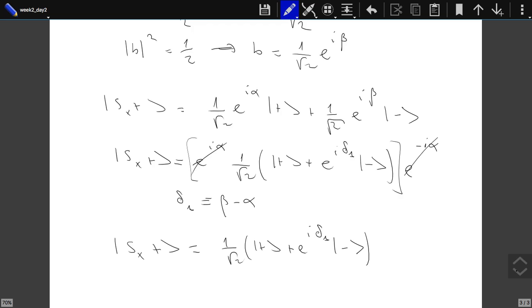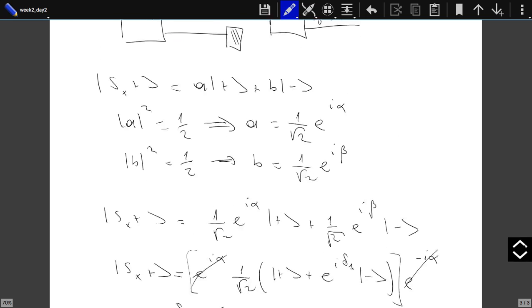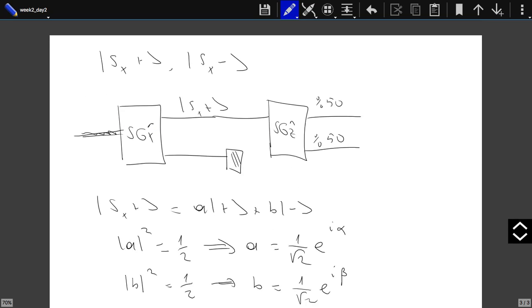Well, I can do the same thing for the Sx minus state. If you go back to our Stern-Gerlach experiment, for the Sx minus state, I could have just closed the upper beam and sent the lower beam through a Stern-Gerlach experiment aligned in the z direction, and basically my observation would still be the same. Sx minus state will be divided into two equal beams, with 50% going up, 50% going down.